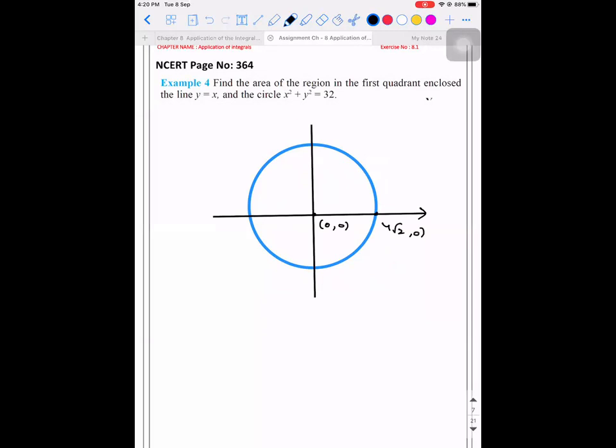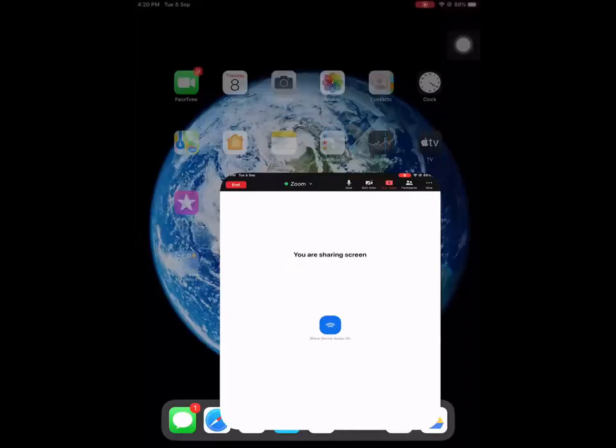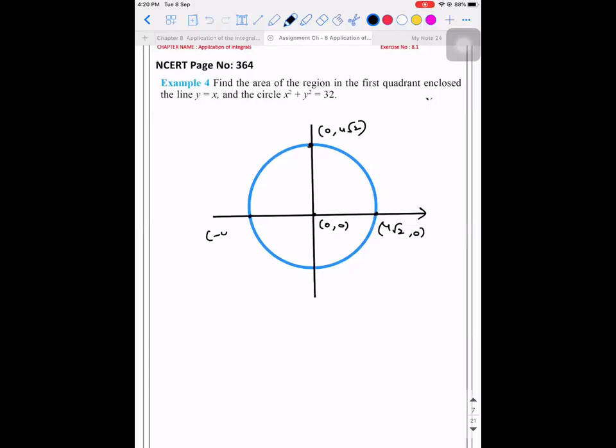So this point is 4 root 2 comma 0, this point is 0 comma 4 root 2, this point is minus 4 root 2 comma 0, and this is 0 comma minus 4 root 2.